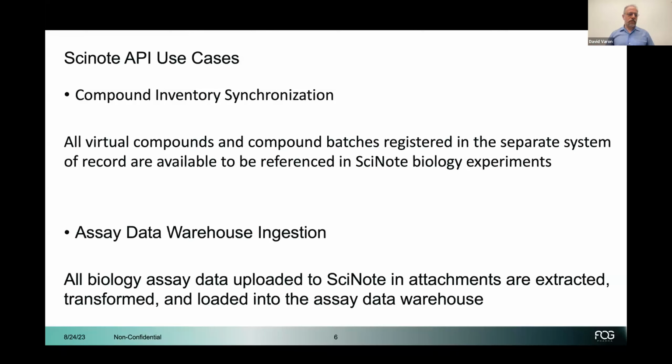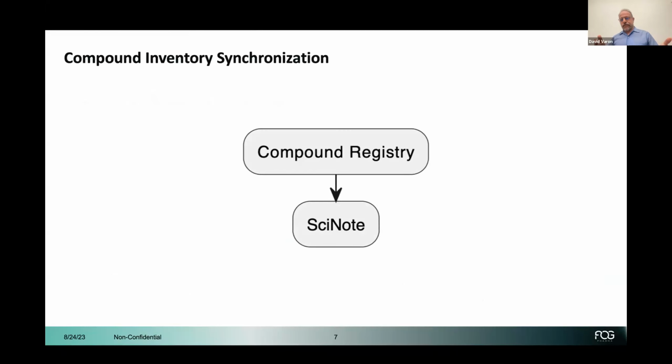And in my opinion, if a product doesn't have an API, it's tantamount to a glorified spreadsheet, and it ends up creating more work for my end users. So SciNote's got a great comprehensive API. So that's how it works. It's obvious, right? No, just kidding.